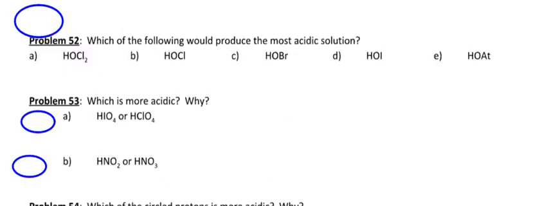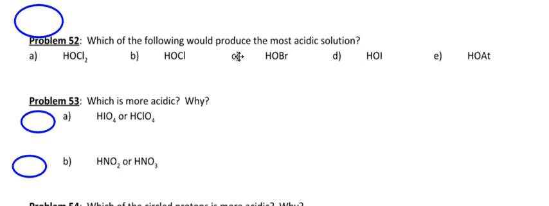Let's finish this off. So which of these would produce the most acidic solution? All right, so we're looking at which one's going to have the greatest pull on that hydrogen's electrons, okay? So automatically, I'm going to nix these guys, because we said that chlorine is the most electronegative element, all right? And size isn't going to make a difference because the H is directly on the O each time.